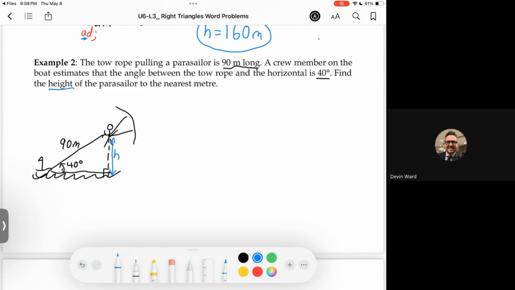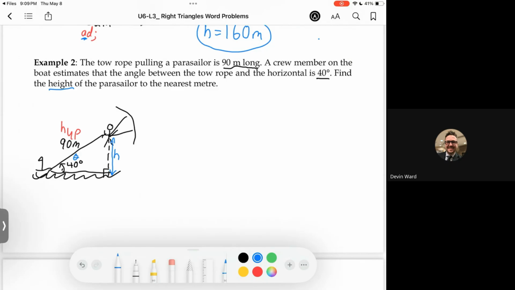So again, I have a right angle triangle. My 90-degree angle is here, so that means that the side opposite is my hypotenuse. So 90 meters is my hypotenuse. My angle theta is here.